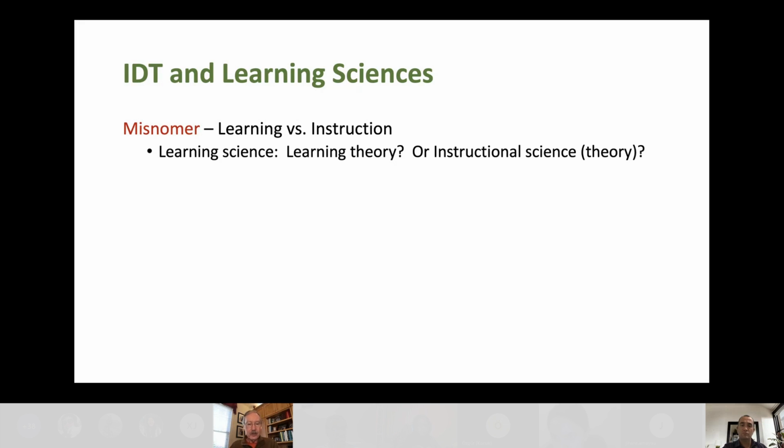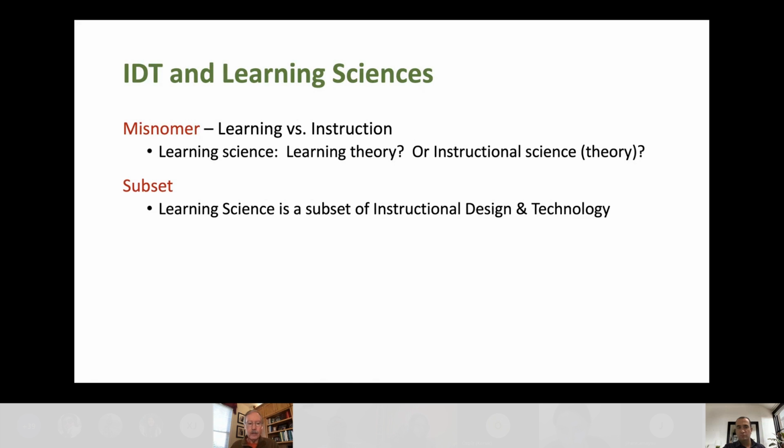Instructional science deals with instructional theory, yet learning science seems to devote a lot of attention to instructional theory, instructional methods. So in that sense, the fact that it devotes a lot of attention to instructional theory makes it seem very similar to instructional design and technology, IDT.